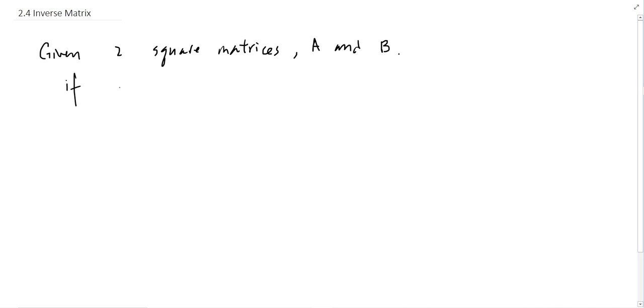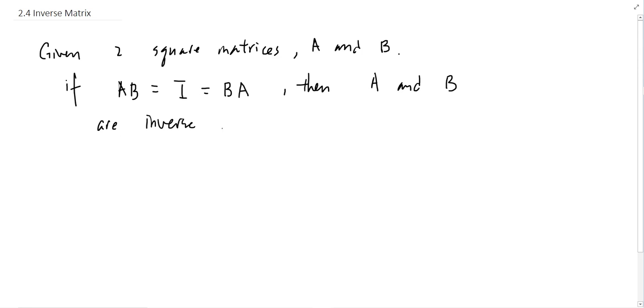If A times B is equal to the identity matrix and B times A is also equal to the identity matrix, then A and B are basically inverse matrices of each other.